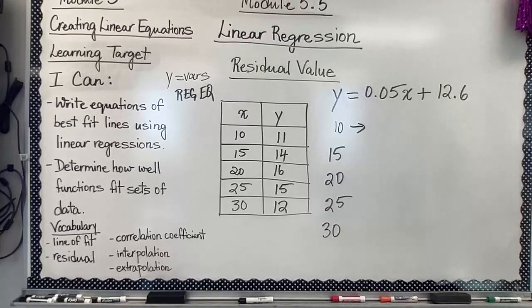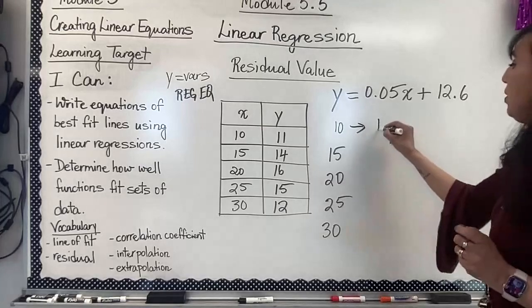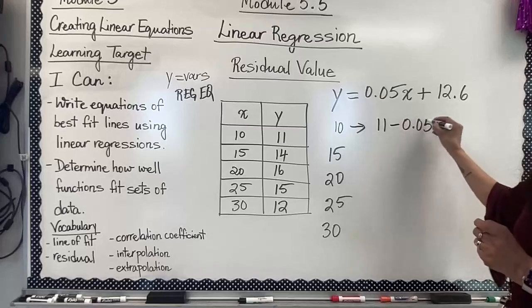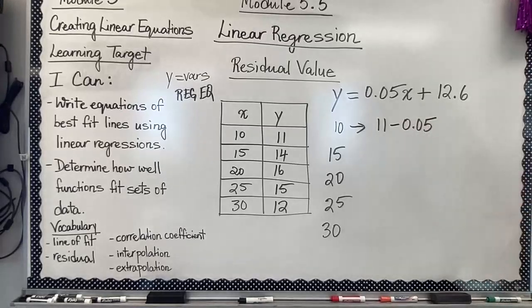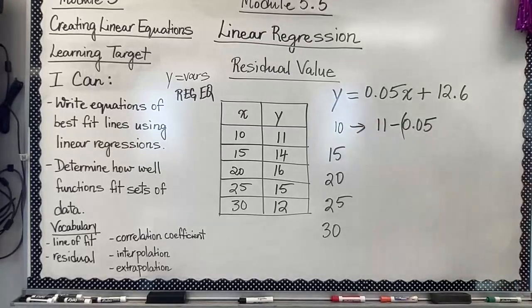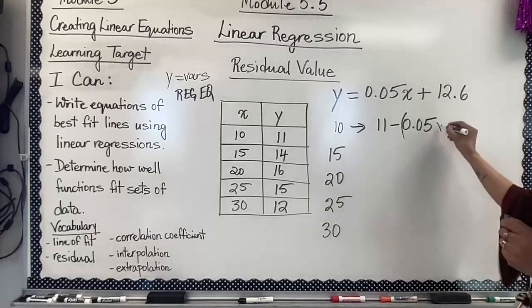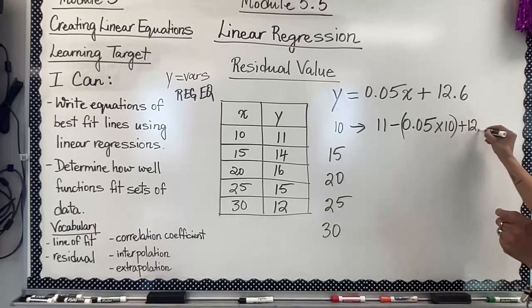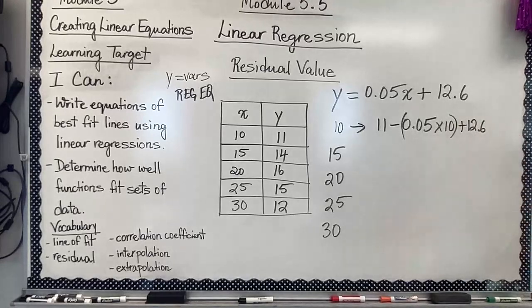And then I am going to go ahead, and for this, what is my y? Okay, because that is my actual value. So I'm going to do 11 minus, and I've got 500, right? And times what? 500x. And what is x over here? It is 10, right? Times 10 and plus 12 and 6/10. And so when I solve this, I'm going to get -2 and 1/10. Let's look at the next one.